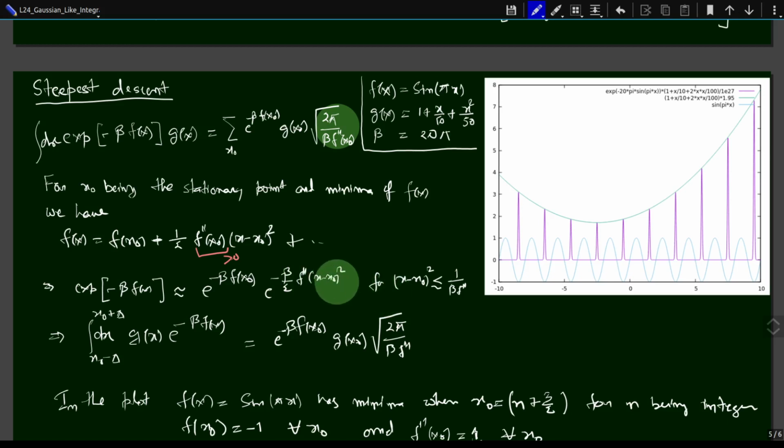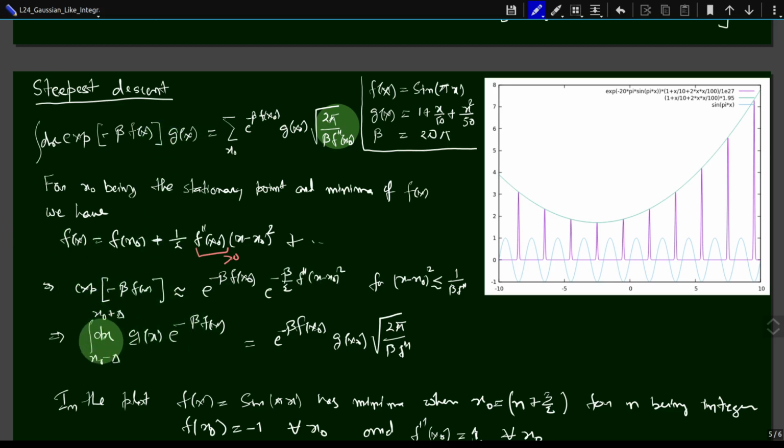Now if I'm moving x close to x naught such that (x minus x naught) squared is less than or similar to 1 over beta f double prime. Remember, beta is a large number I'm looking for. In fact, beta times f double prime could be a large number together. And under this is the approximation of this exponential function over there.